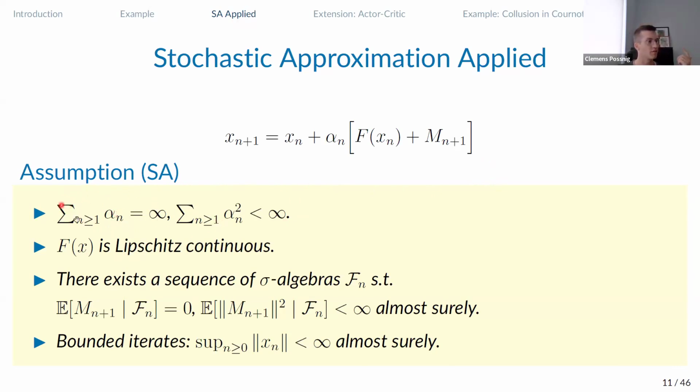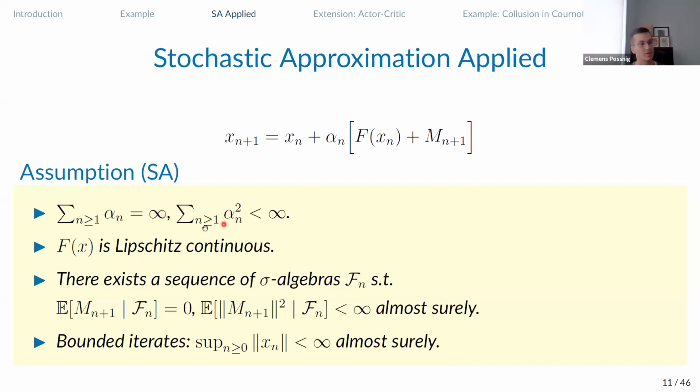And the intuition here for the non-summability is basically that we want to be able to connect the trajectories of the discrete time system to solution curves of the ODE, which can run over infinite time in the continuous time world. So we want the step sizes of the algorithm also to be able to map into the infinite continuous time.